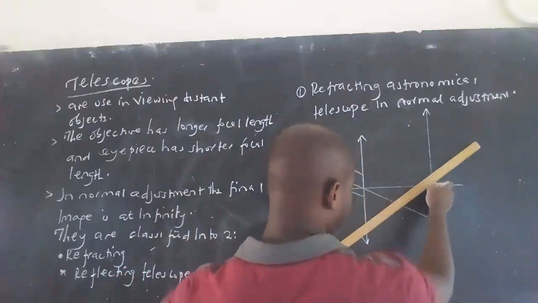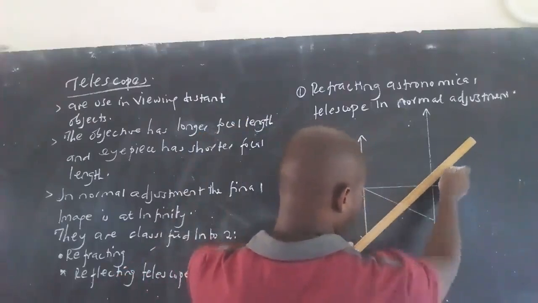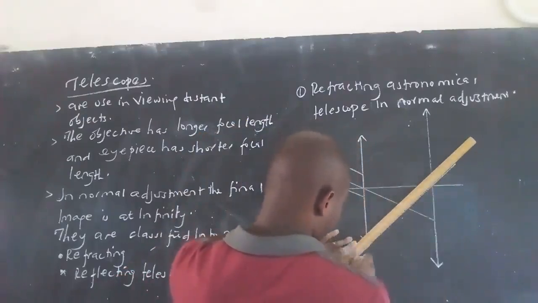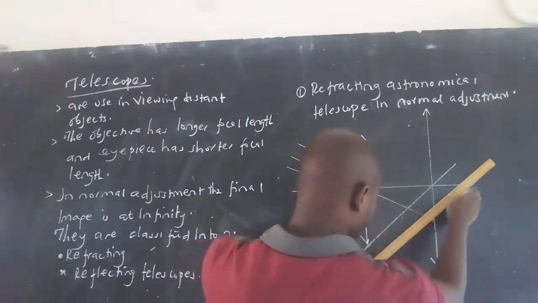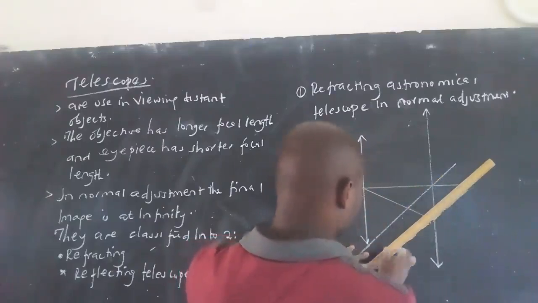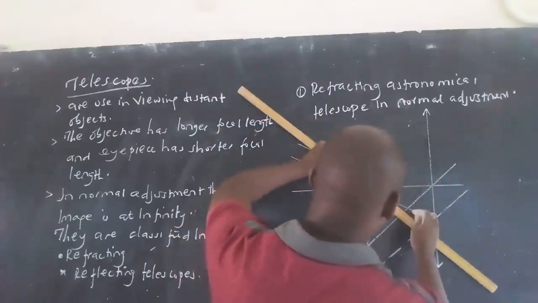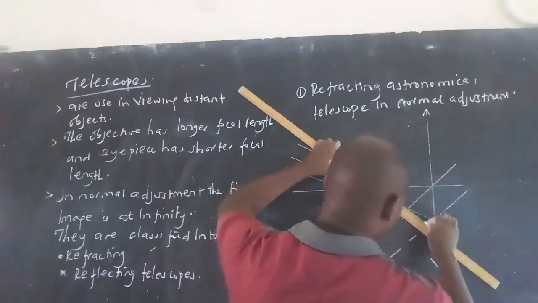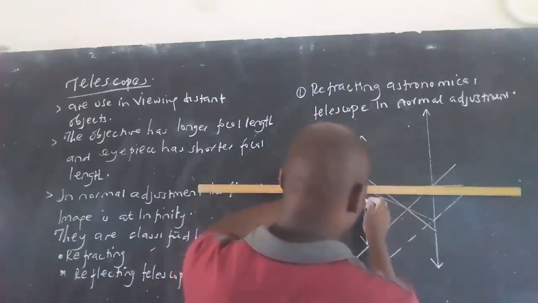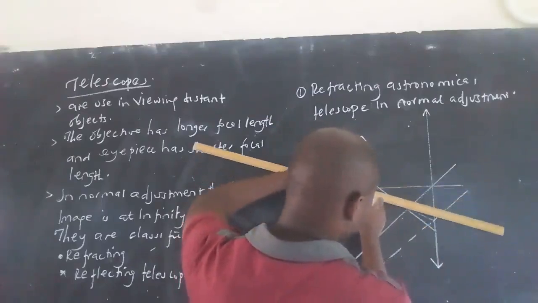We say the final image is at infinity. So they are going to bend like this, and this one is also going to bend like that.